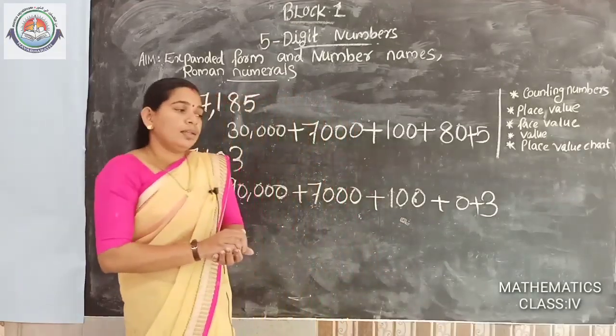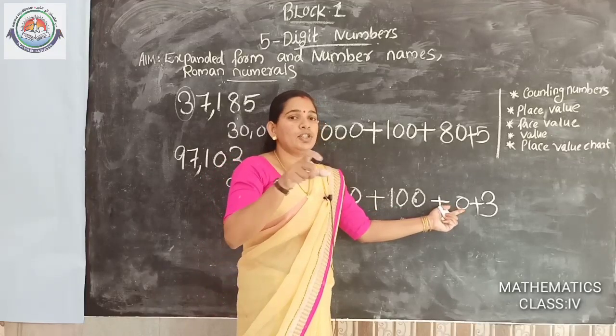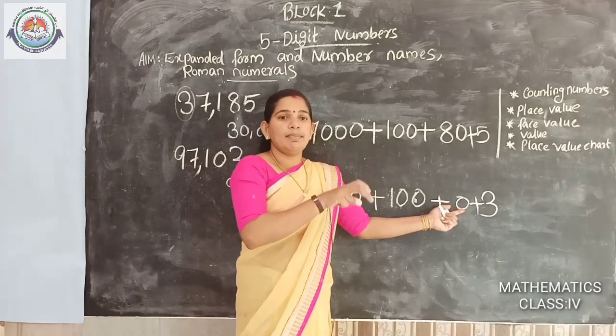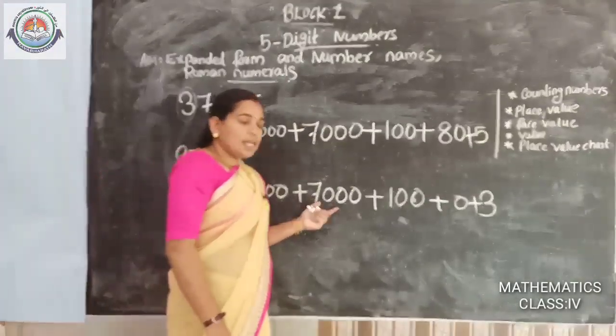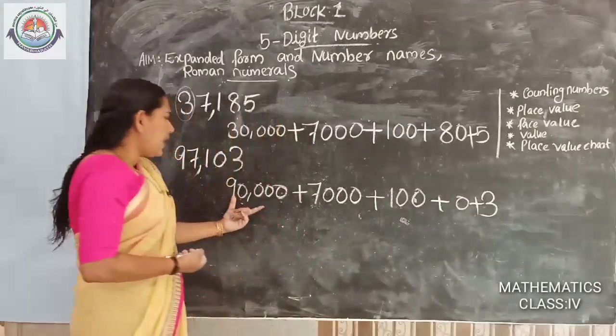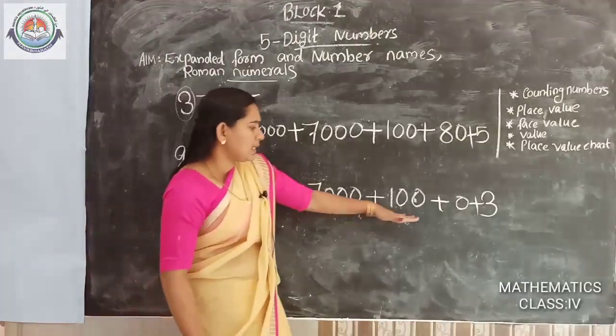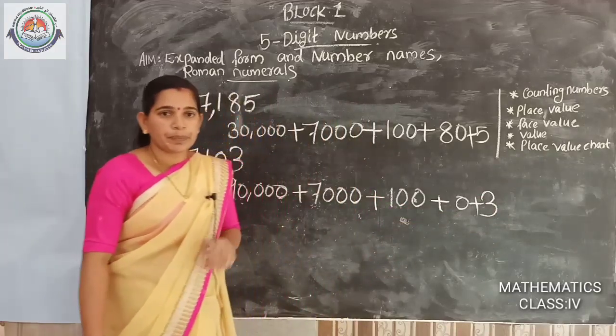We are adding 0, and any number we add to 0, we get the same number. So we can say 90,000 plus 7,000 plus 100 plus 3, or 90,000 plus 7,000 plus 100 plus 0 plus 3. Both are correct.